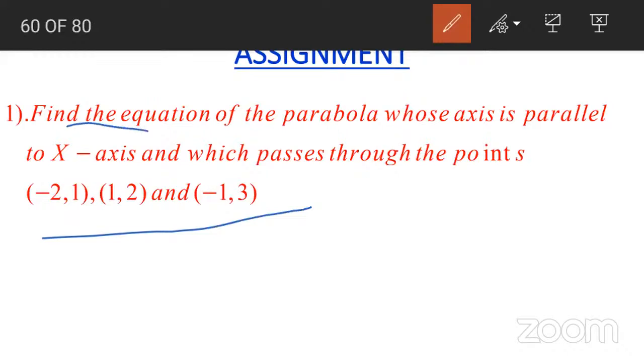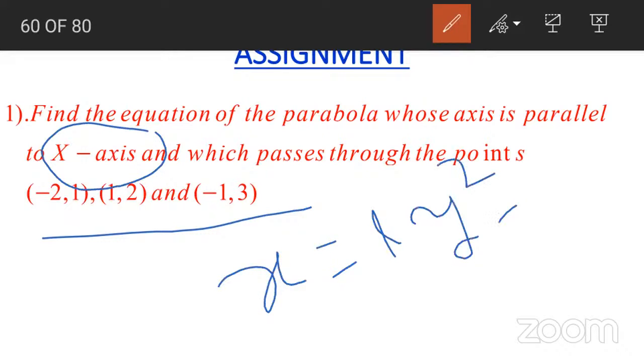Here, parallel to x-axis means x equal to l y square plus m y plus n. You have to substitute, this is the required equation.